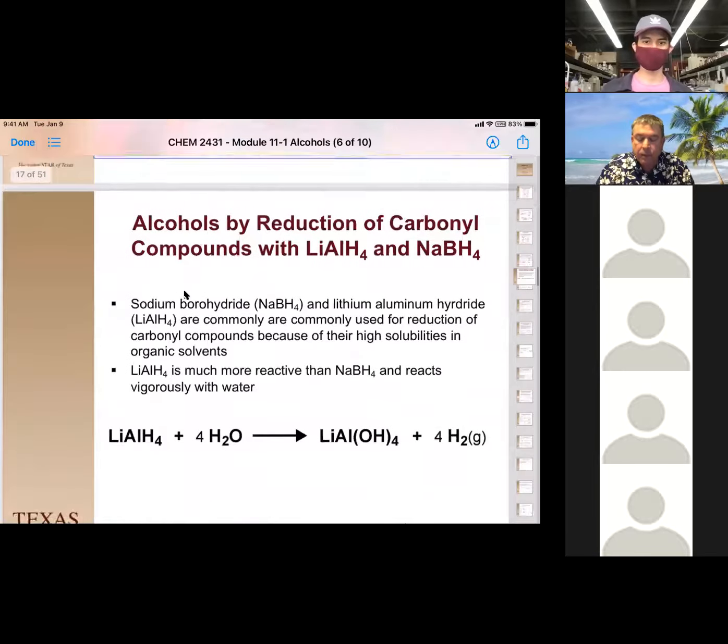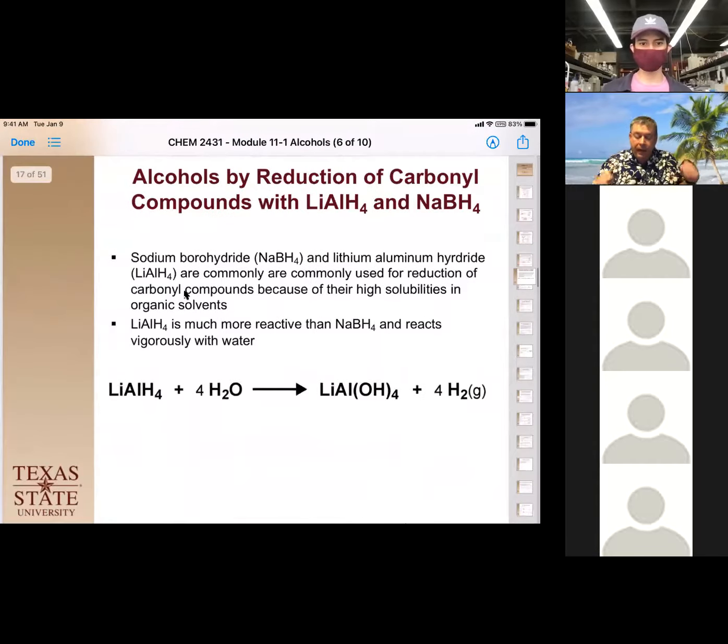Now we can use hydrogen, but we want to use specific reagents that only react with the carbonyl. There are specific compounds that only react with carbonyls, called sodium borohydride and lithium aluminum hydride. There is some selectivity between the two.